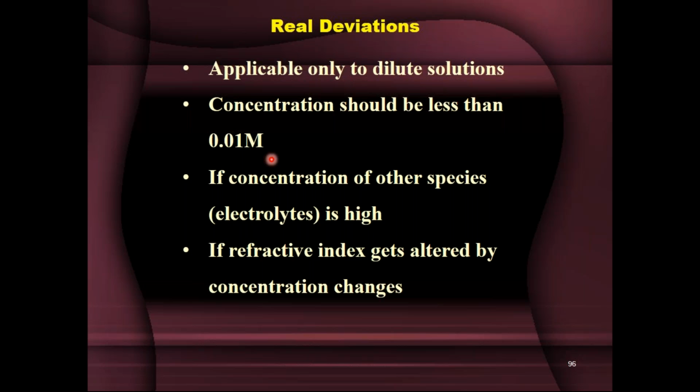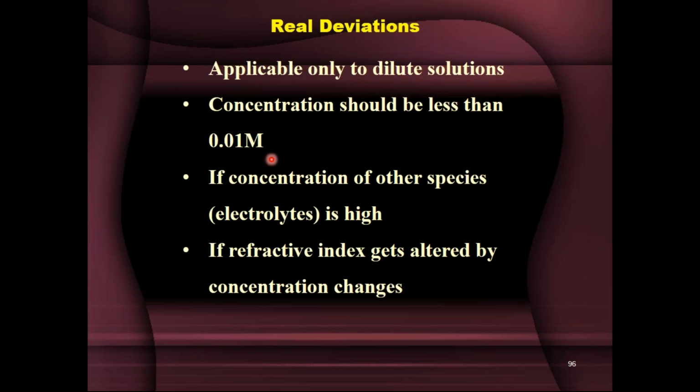And hence, we need to see that we use only dilute solutions if you want to prepare a Beer's plot, or you want to find the concentration of a sample using the standard Beer's plot. Now, sometimes the sample solution has a concentration less than 0.01 molar, so there is no problem.